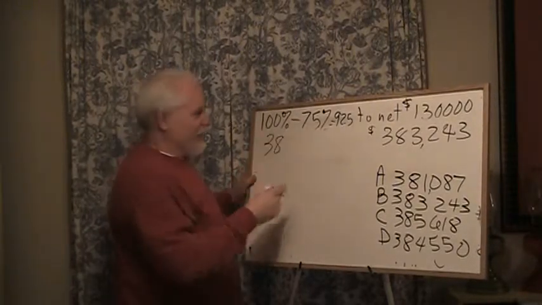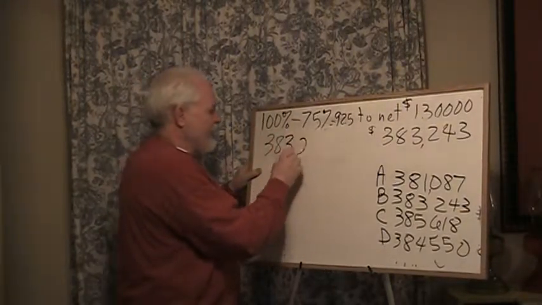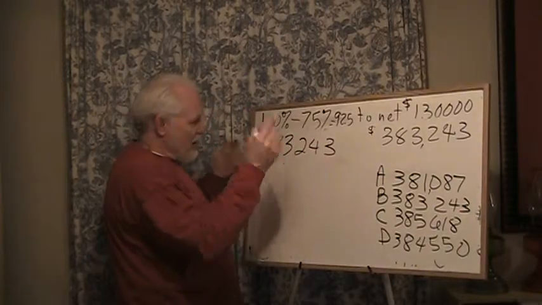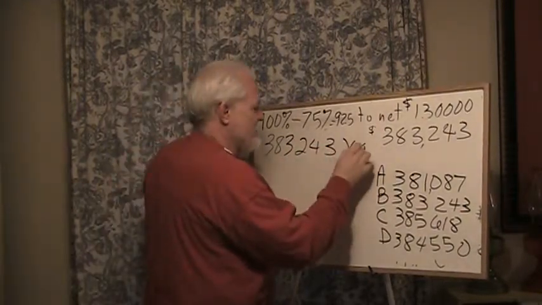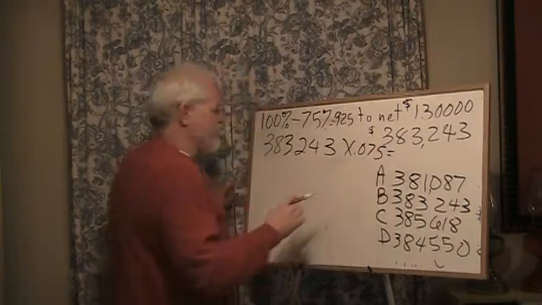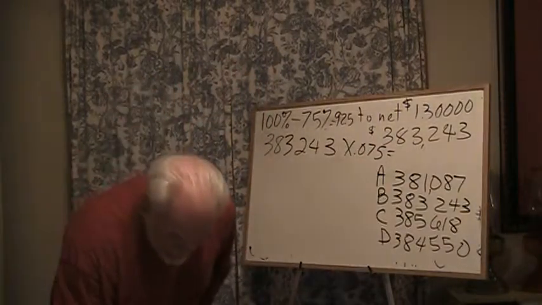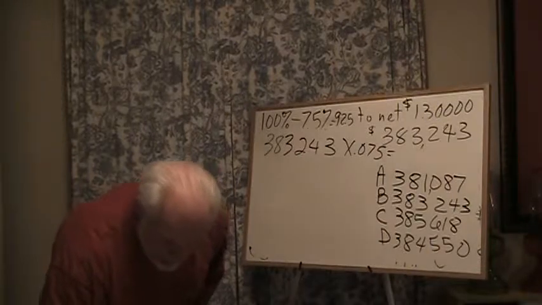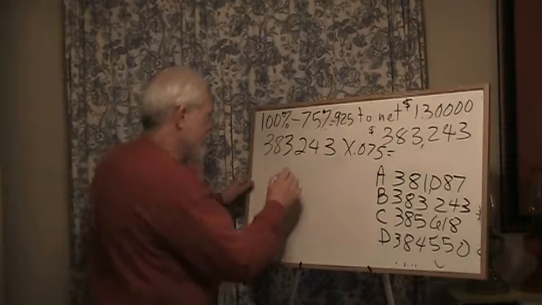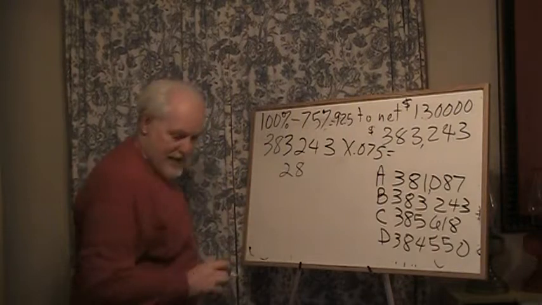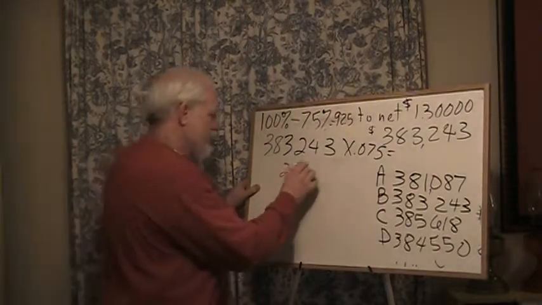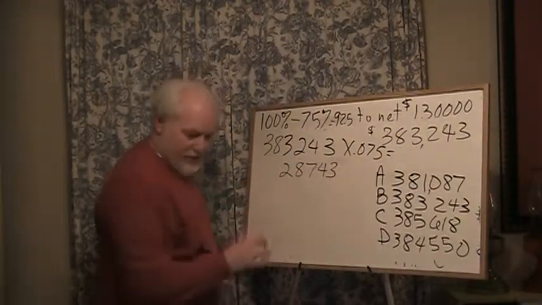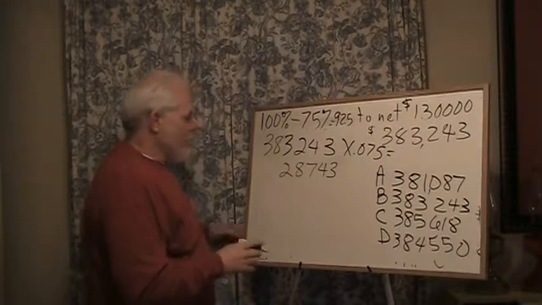Let's try that. I've erased all the numbers. We got 383,243. All right? Help me out. 7.5% commission. All right? Times 0.075. The commission is going to be $28,743 and some change.